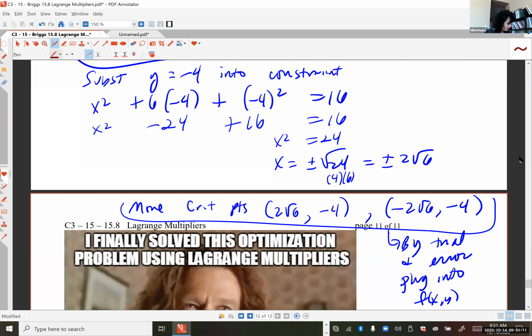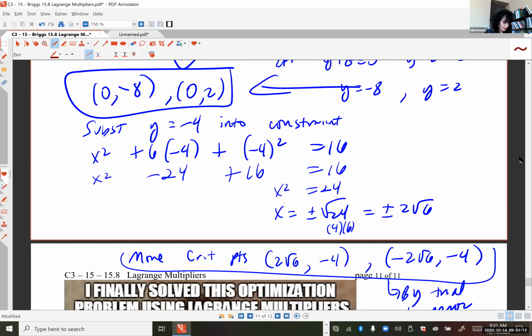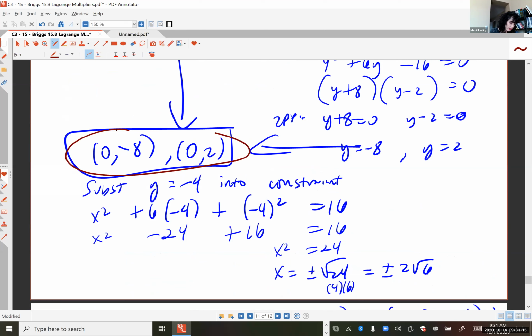It's going to turn out that this one right here gives the absolute min. He's the guy. And the actual min value, f evaluated at (0,2), is equal to 4.